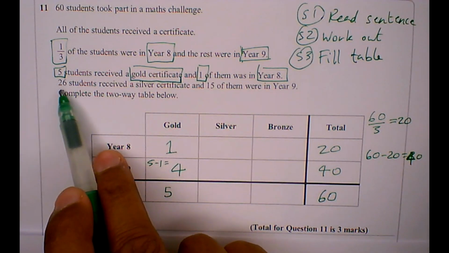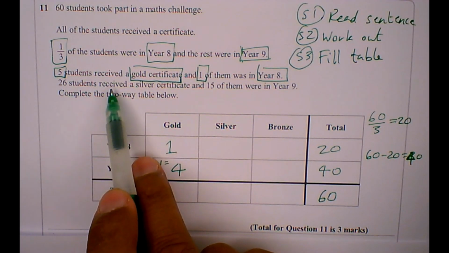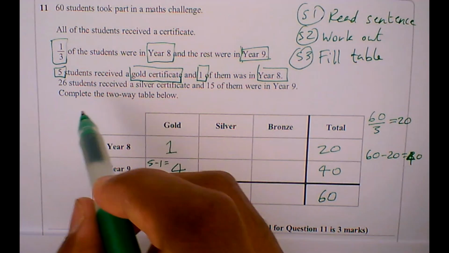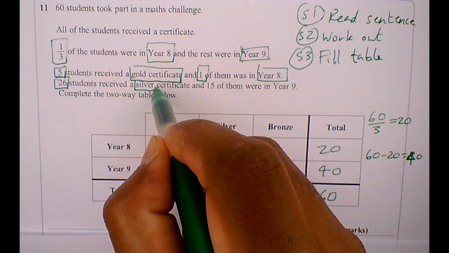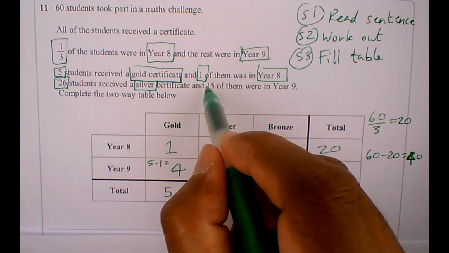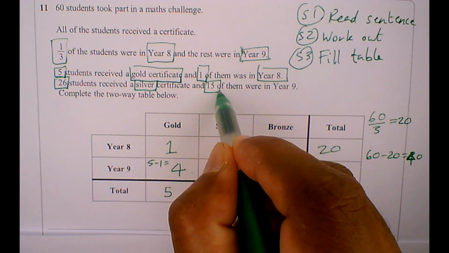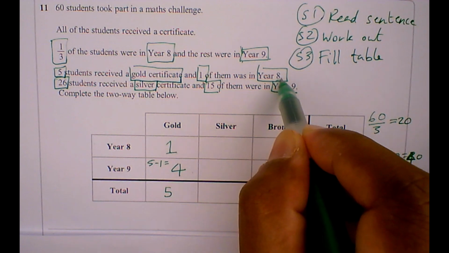The next sentence, 26 students received a silver certificate and 15 of them were in Year 9.